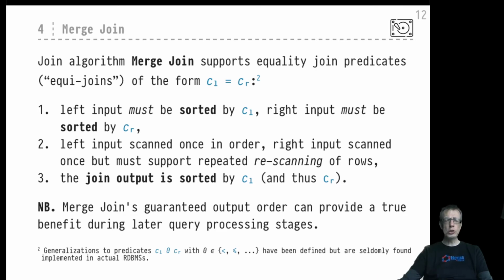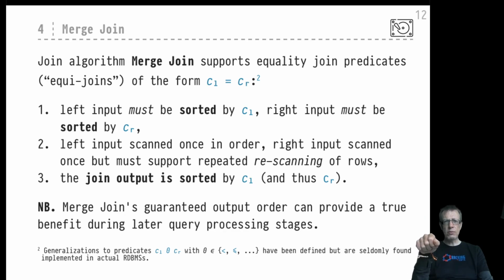In the case of merge join, we are aiming for a single scan of the left and a single scan of the right input. We will see in the details of merge join that indeed the right input has to admit a rescanning of rows. So at points, we will have to reset the scan pointer in our top to bottom scan of the table.